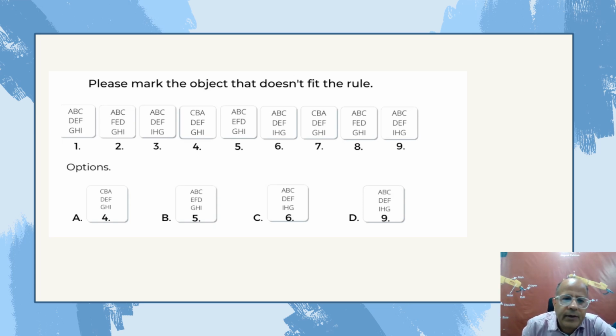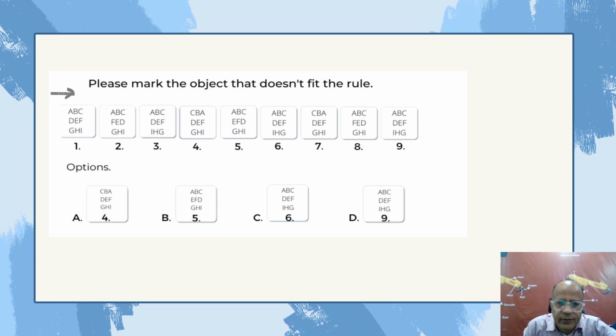So once again, let me read this inductive logical reasoning question. Please mark the object that does not fit the rule. Some kind of rule is being followed. If I start observing from the left side, A, B, C, D, E, F, G, H, I, the alphabets are written.